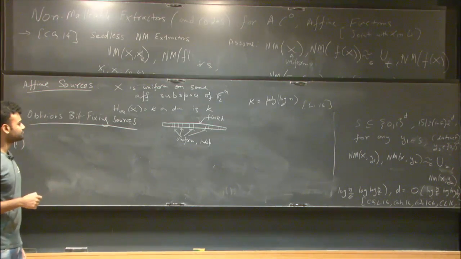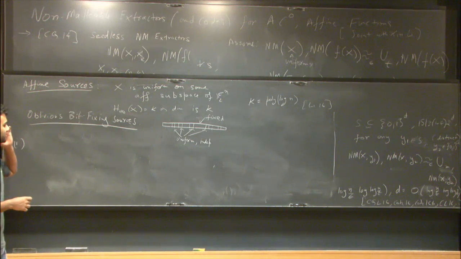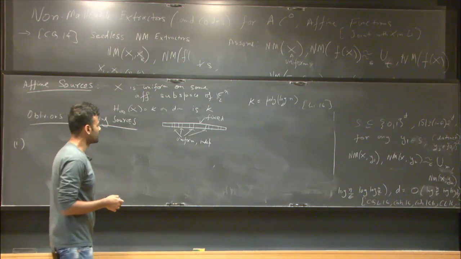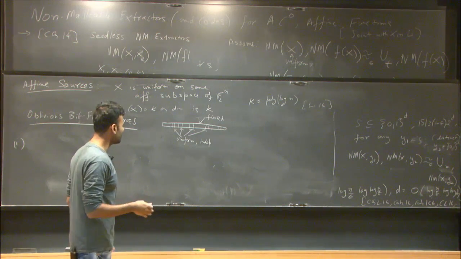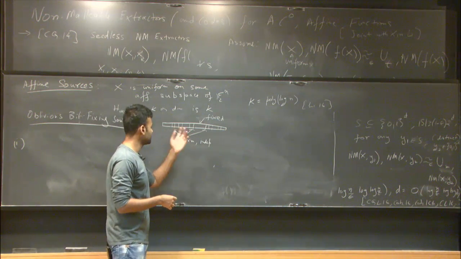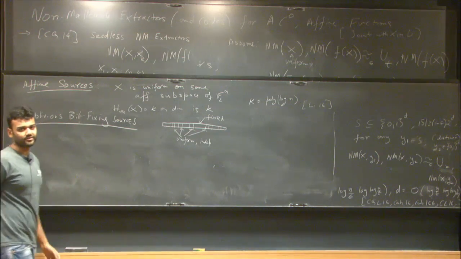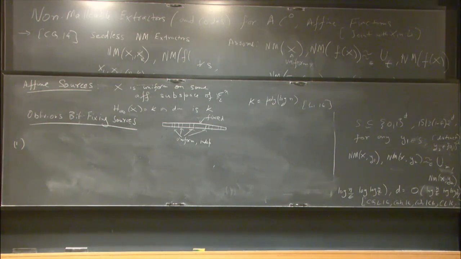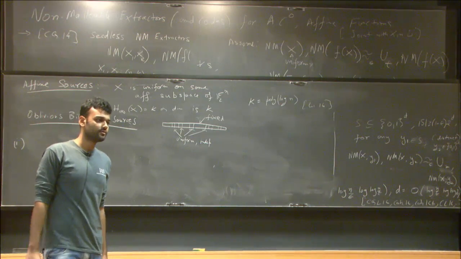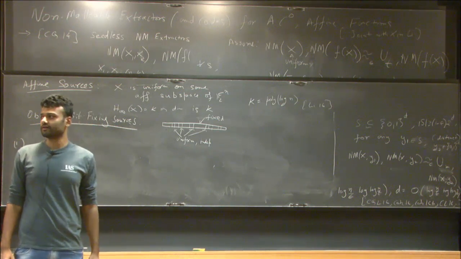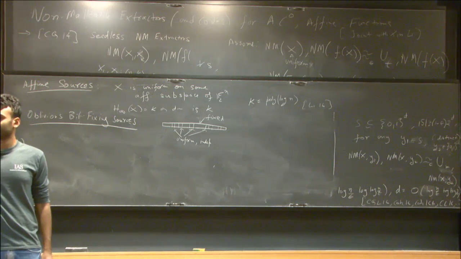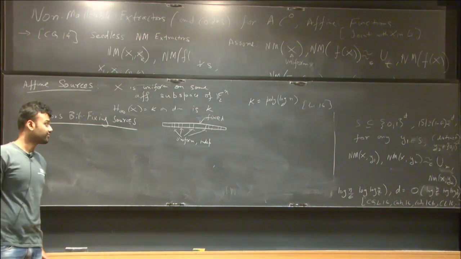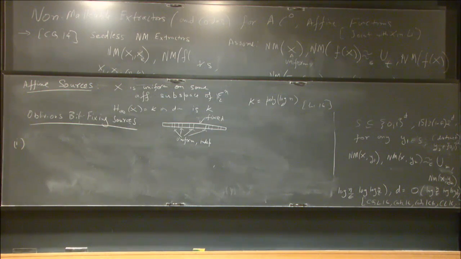And for bit fixing sources, there's a long line of work which gets almost all of the entropy out. But there's still work to be done, because the error is not so great in the affine case.